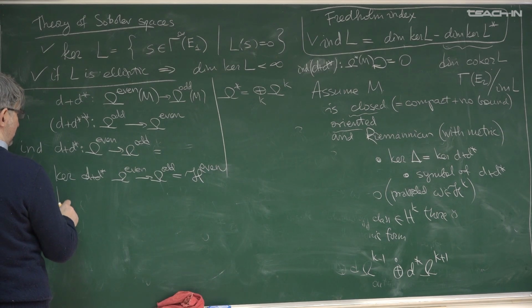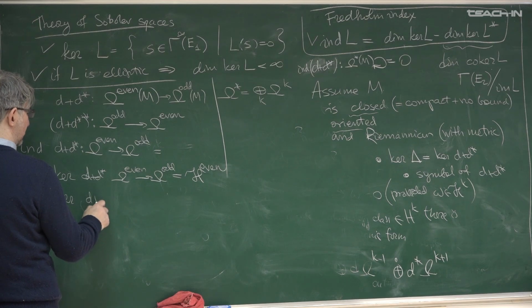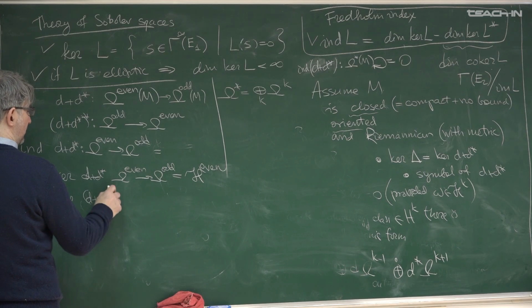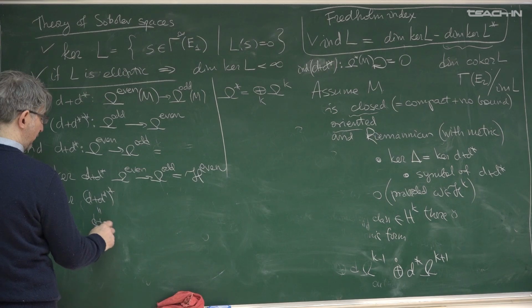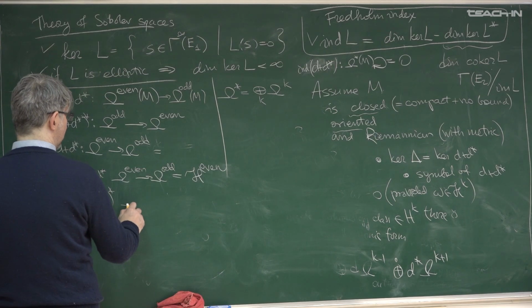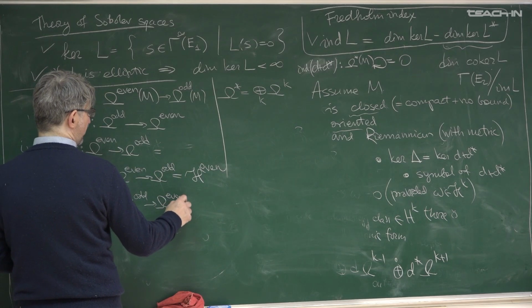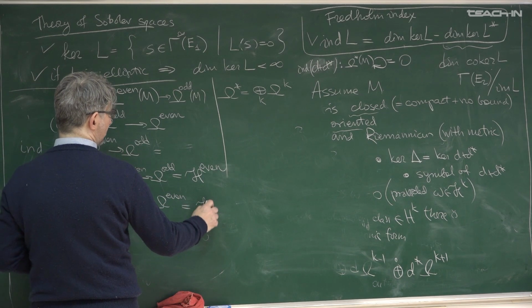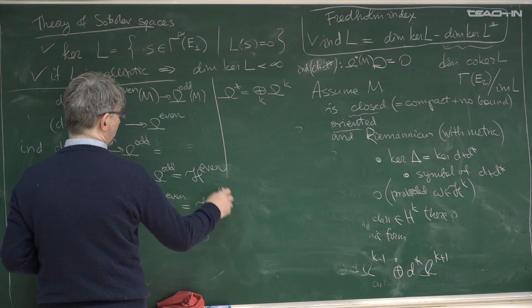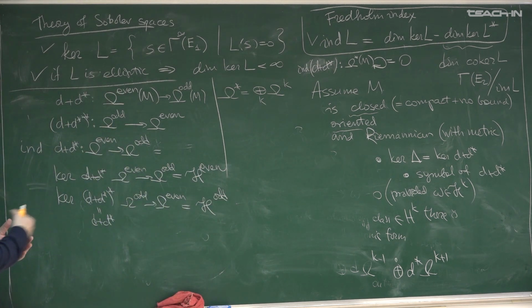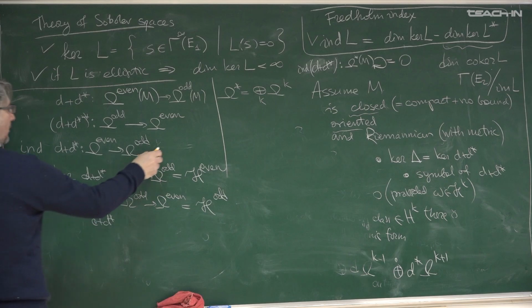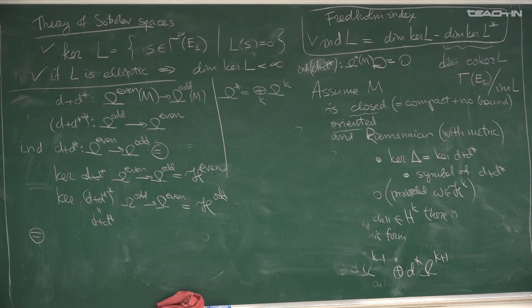And the kernel of its adjoint, which is given by the same formula d plus d star, but it sends odd forms to even forms, is just harmonic forms of odd degree. So, what can we say about the index?